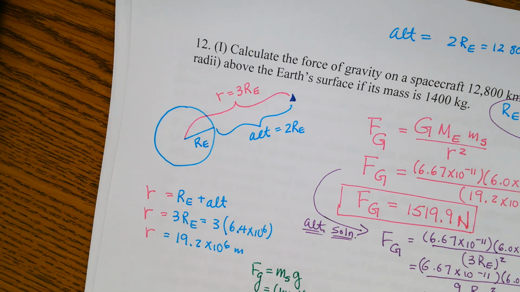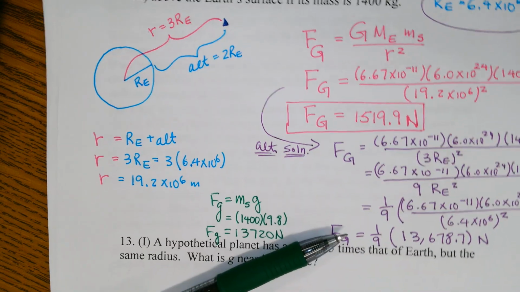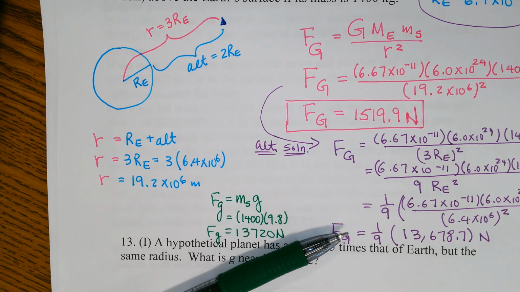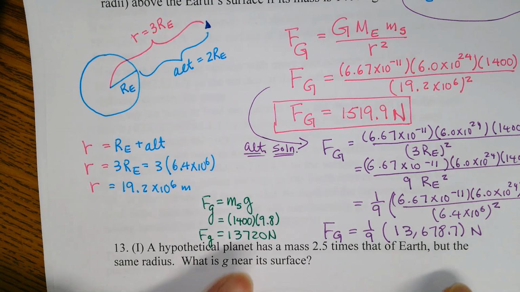The inverse square law, that's what it means. When you go out twice the distance, it gets weaker by 1/4 as much. If it goes 3 times the distance, you get 1/9 as much. 4 times the distance, 1/16 of the original force. And that's the inverse square law.